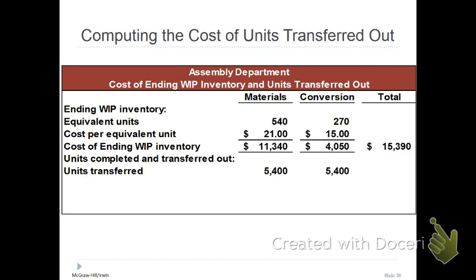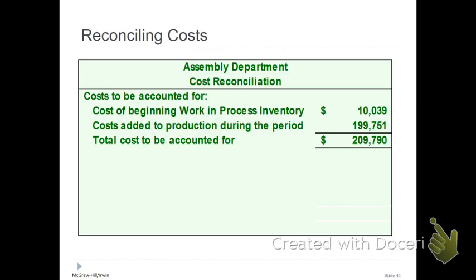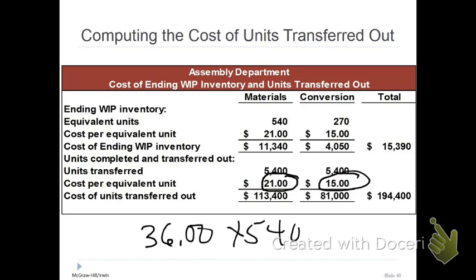And then we take the units that were transferred out, multiply that by 21 and 15, and get the 194. Now, it's my preference, just because I have a tendency to make errors, to make this a little bit simpler perhaps, and say if my cost for materials is 21 and my cost for conversion is 15, that means my total costs are $36 per unit transferred out, and just multiply it by 5,400, and I'll still get that 194.